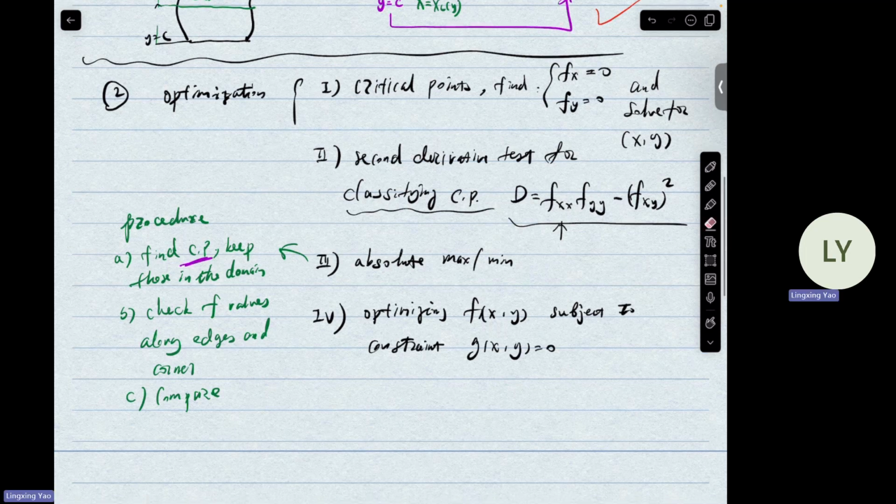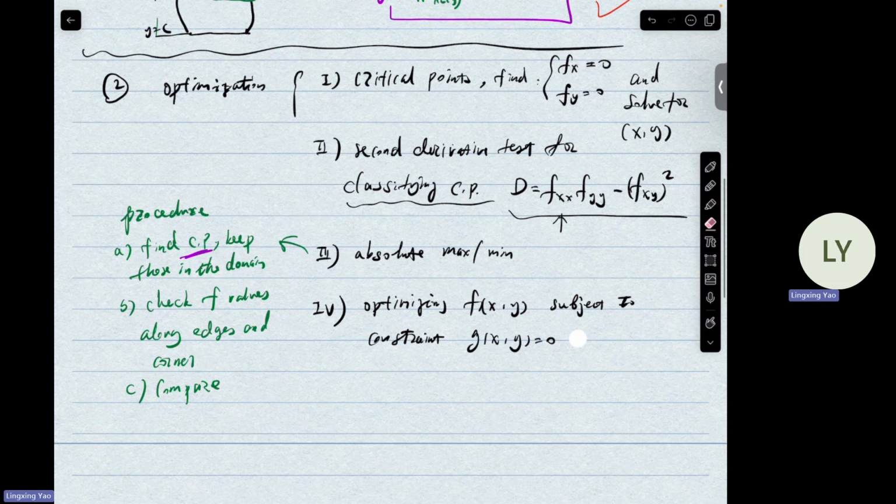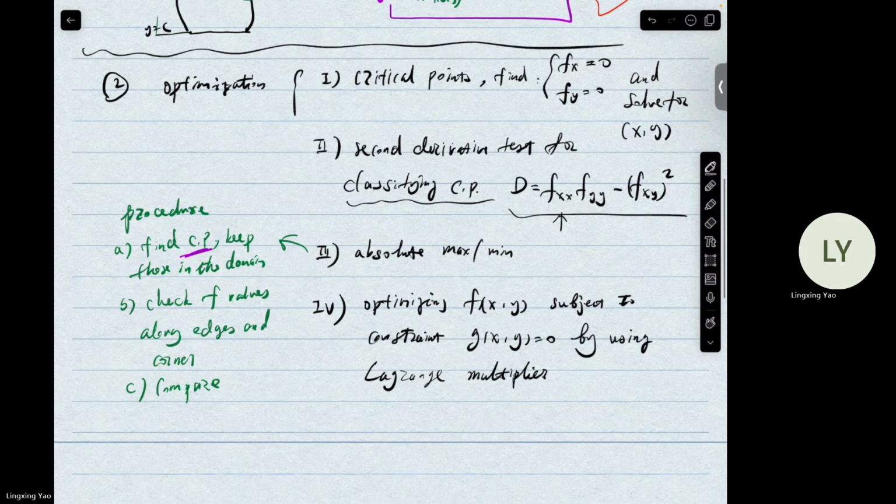And we want to solve it by using the so-called Lagrange multiplier method.